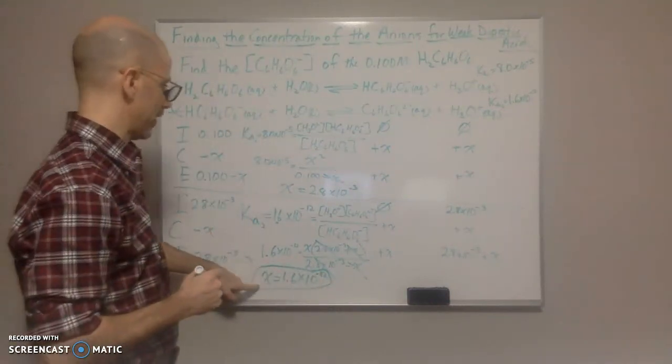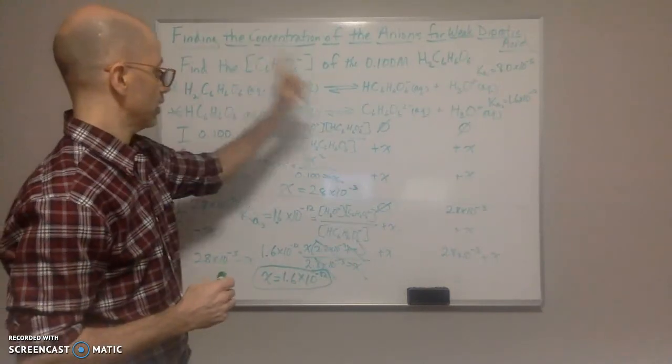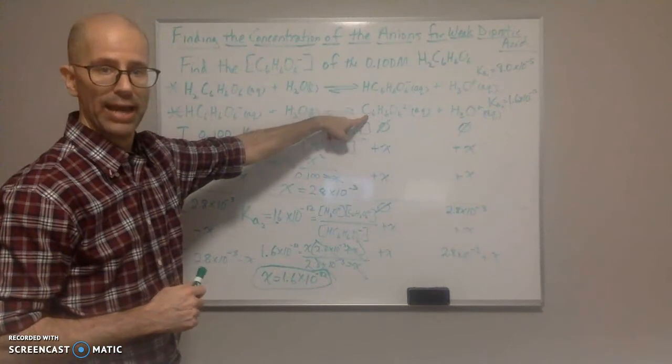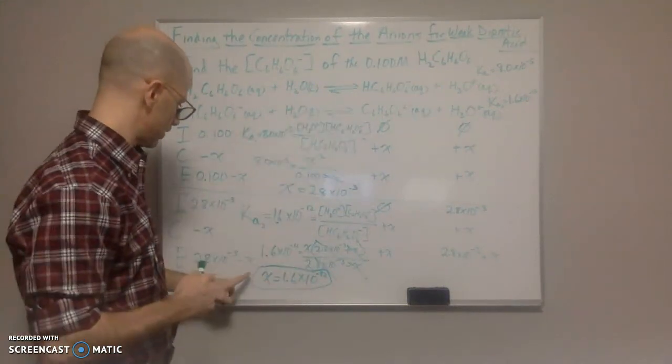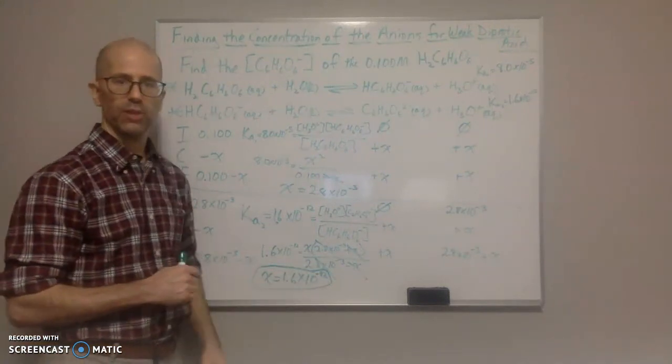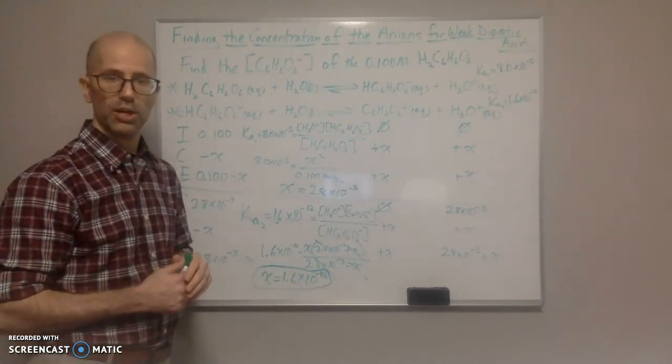And we know that X is the concentration of our anion that we were looking for. So this is the concentration of the anion for this acid here.